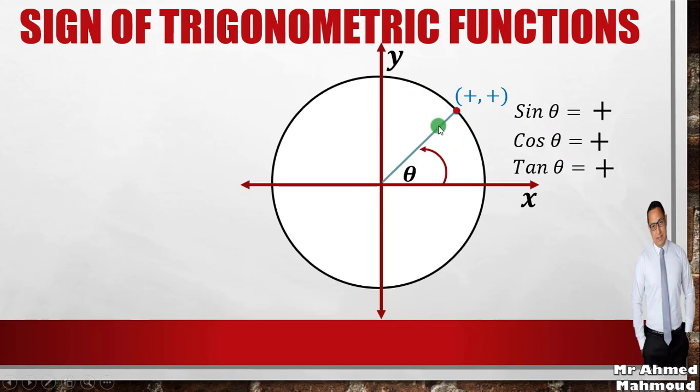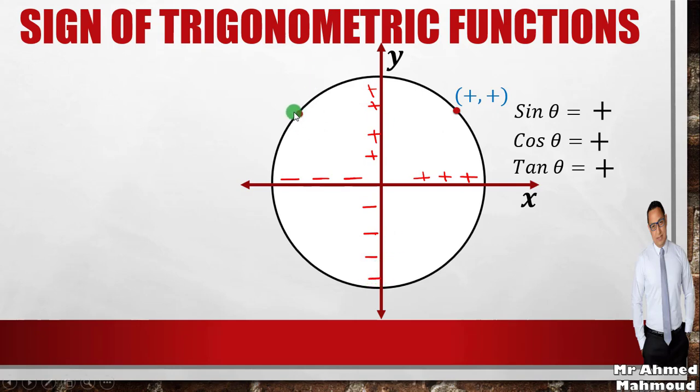Okay, in the second quadrant, if we have a point here, this point has two coordinates, x and y. X here is negative. This is the positive direction of the x-axis and this is the negative direction of the x-axis. Here the positive direction of the y-axis, here the negative direction of the y-axis.